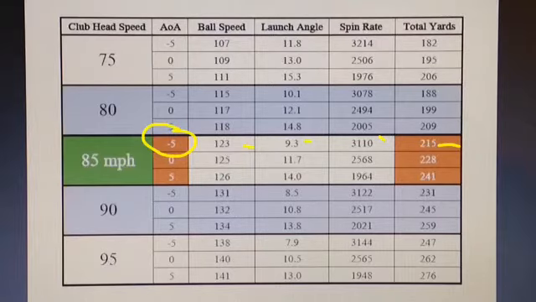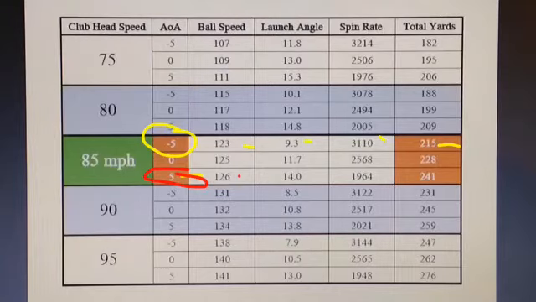Conversely, if you plan on doing some work on the golf swing and you want to change your angle of attack, let's say we go up to 5 degrees upward, this line here. Now, interestingly, just from going 5 down to 5 up, ball speed changes. This is due to the spin loft.